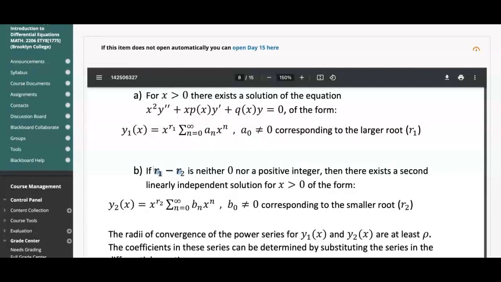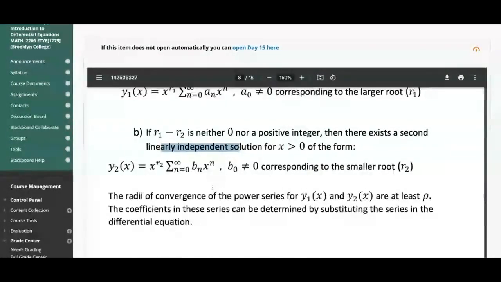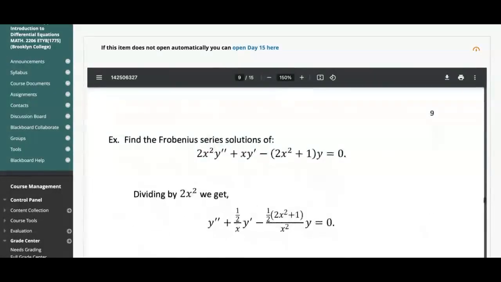If the difference of the two roots is neither 0 nor a positive integer, so this is not 100% right, because it depends which one is r1 and which one is r2, and it has to be positive. When you do the questions, it's not so important. Then there exists a second linearly independent solution for positive x of such form: x raised to r2 with this.